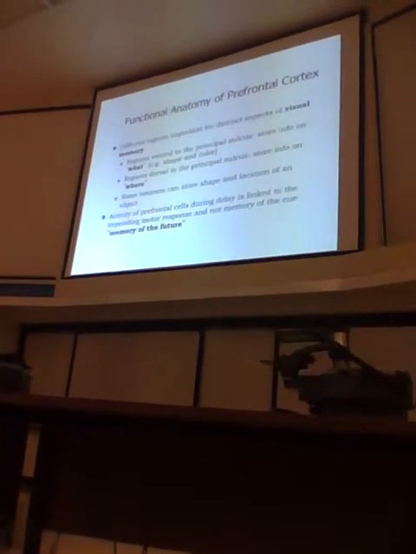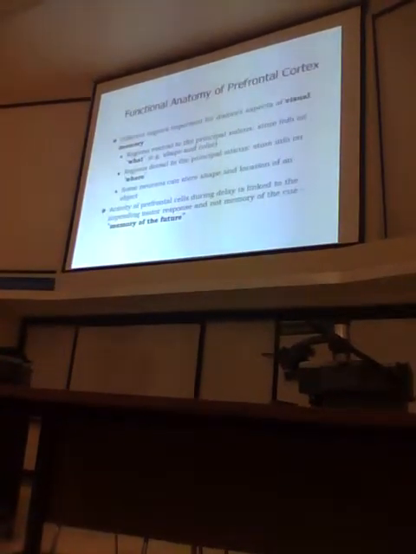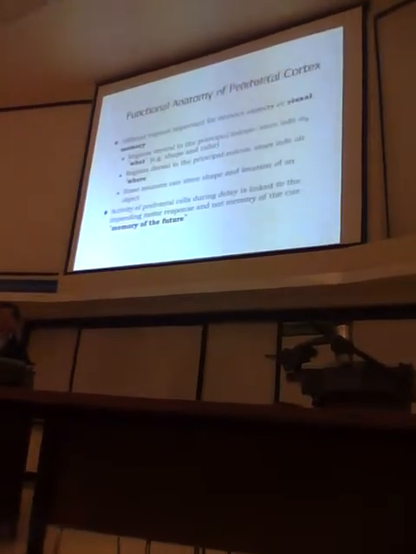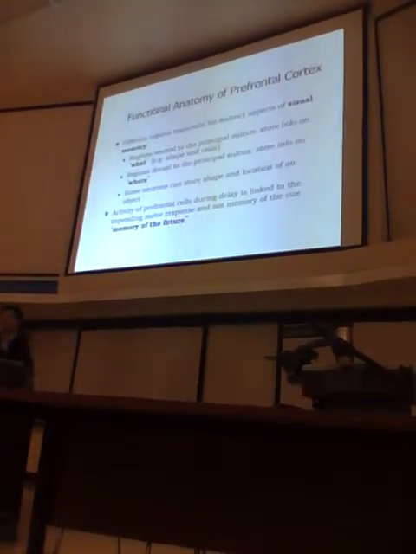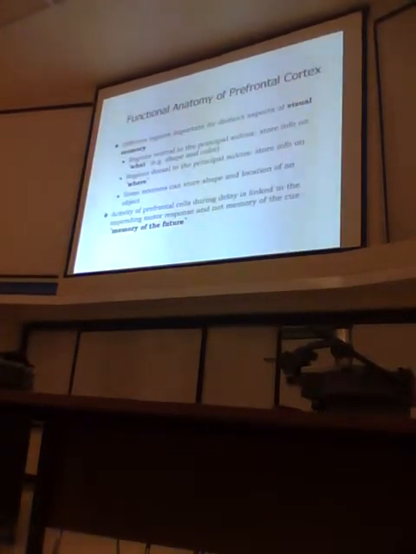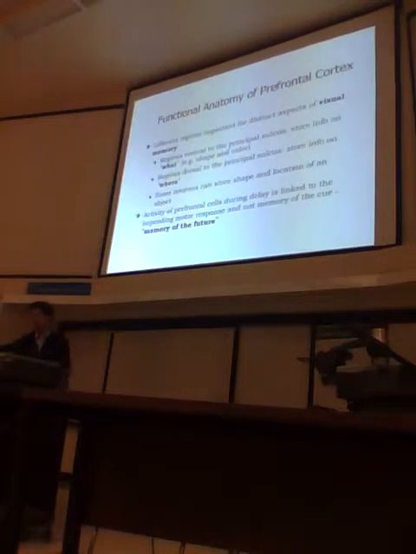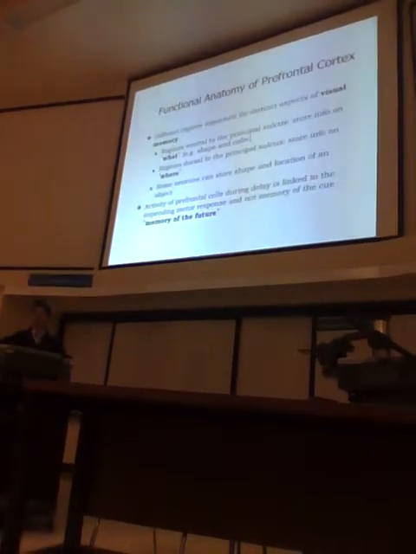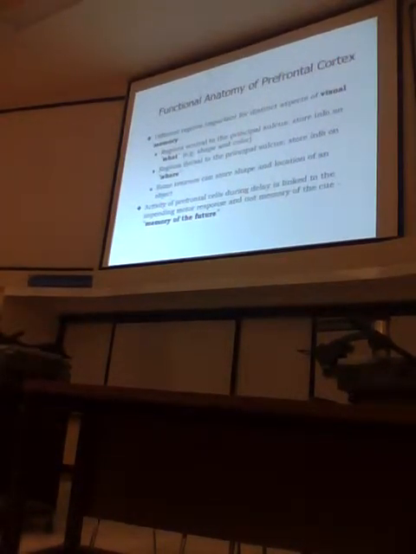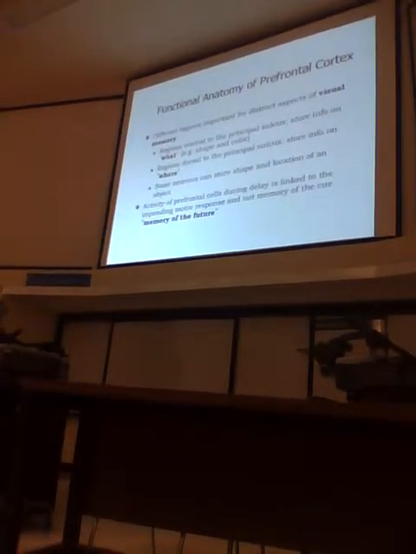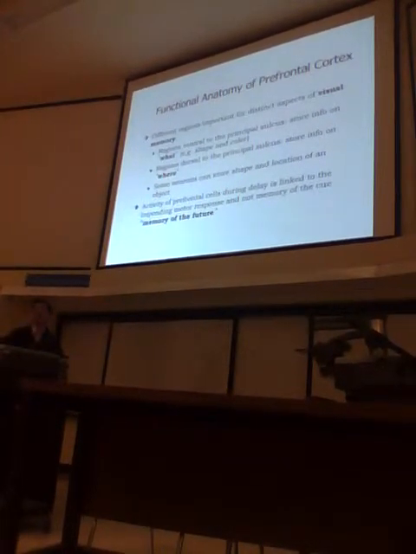So even if you take a look at the prefrontal cortex of the monkey, you find that within the prefrontal cortex there are subregions. There's a ventral region and there's a dorsal region. And neurons within these regions can probably encode different aspects of an object. For example, neurons that are in the ventral region of the prefrontal cortex tend to encode information on what an object is.